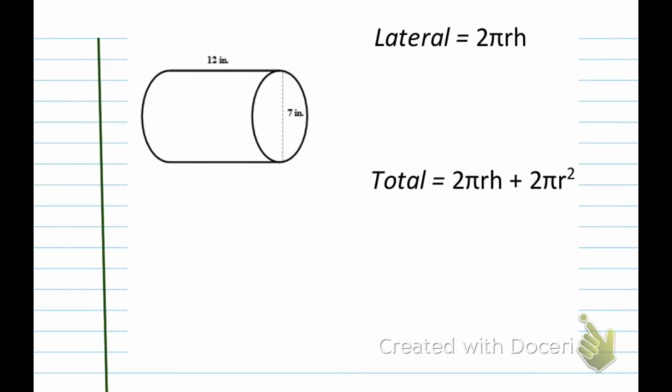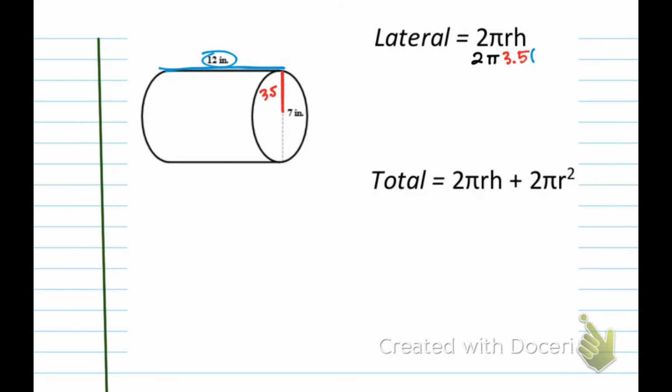So for the lateral, we got 2 pi rh. So we got 2 times pi. Our radius here, we don't have a radius, we actually have a diameter. And so to get the radius, we're going to get half of 7, which is 3.5. Okay, so our radius is 3.5. And then our height is going to be the distance between the two bases, in this case, it's 12.